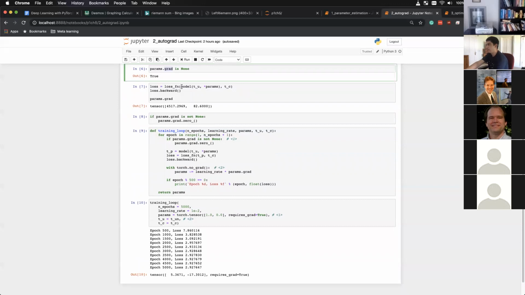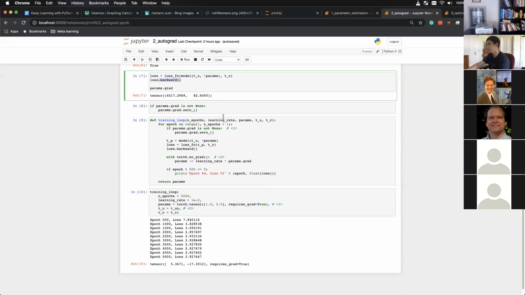So we are making predictions given our input and our weights and our bias, and then we are comparing that against the true answers and computing our loss function. And then PyTorch does all of that magic that we had to previously calculate by hand by just calling backward. Then we can look at the gradients that are applied there: this is the error on the weights, this is the error on the bias, basically.